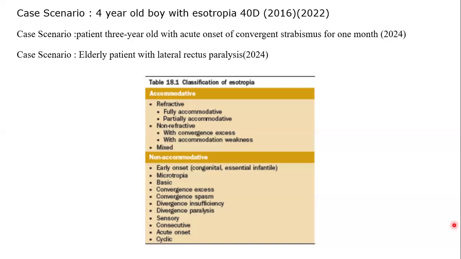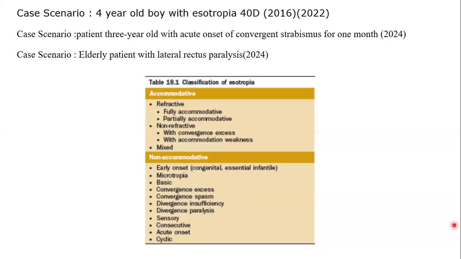So that is the classification mentioned in Kanski. We have accommodative and non-accommodative. The accommodative, we have refractive accommodative, which can be fully or partially. And we have non-refractive, which is the high AC/A ratio. And then we have the non-accommodative, the most important and the most common, the early onset or congenital or infantile esotropia.